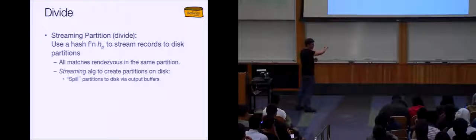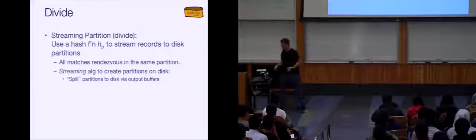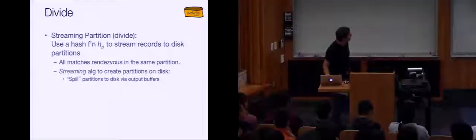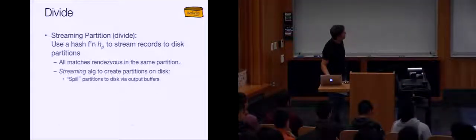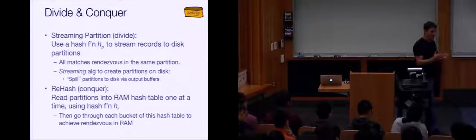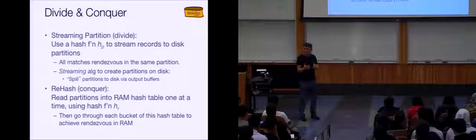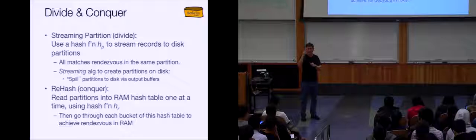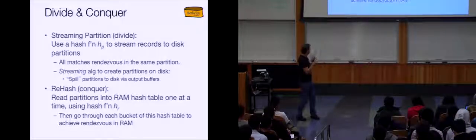We're going to read in records and write them out to the appropriate hash partition as they stream in, in one pass of the file. And we'll call these spill partitions if you want. And then in the second phase, we're going to read one of those partitions in, and hopefully it's small now and it fits in memory, and we'll build a hash table on that in memory, and then we're good. And then we'll just walk the hash table and pick up each hash bucket and look at all the values that are the same in that hash bucket, and off we go.